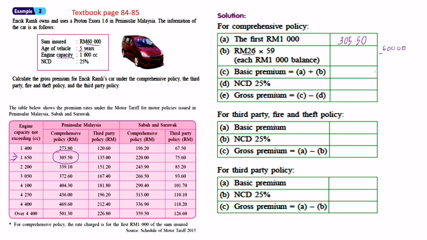So 60,000 minus 1,000 equals 59,000. And because it is for each 1,000 balance, 59,000 divided by 1,000 equals 59. 26 times 59 equals 1,534 ringgit.